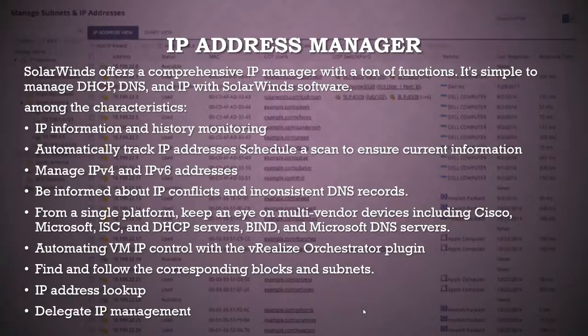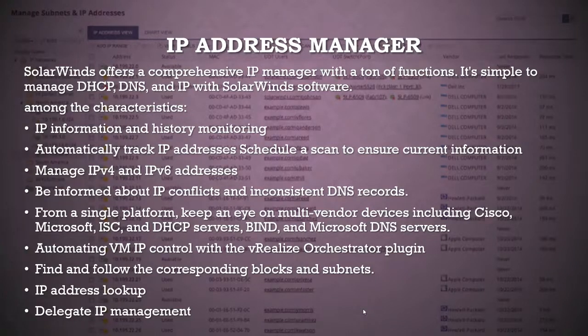IP Address Manager. SolarWinds offers a comprehensive IP manager with tons of functions. It is simple to manage DHCP, DNS, and IP with SolarWinds software. Among these characteristics: IP information and history monitoring, automatically track IP addresses scheduled to a scan to ensure current information, manage IPv4 and IPv6 addresses, be informed about IP conflicts and inconsistent DNS records.